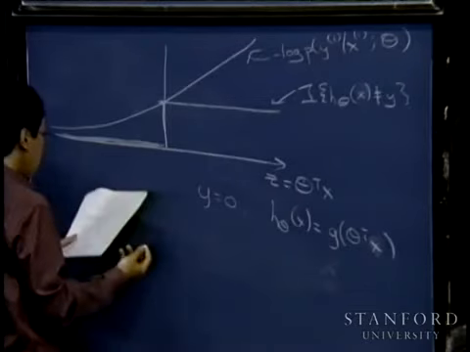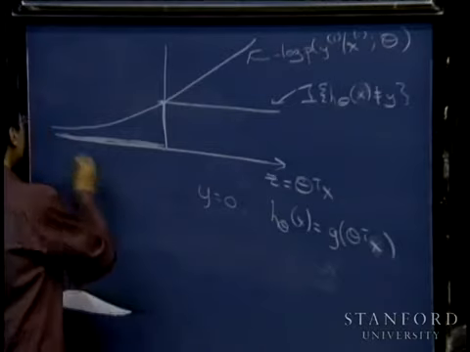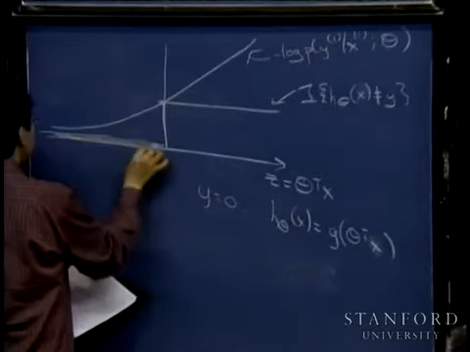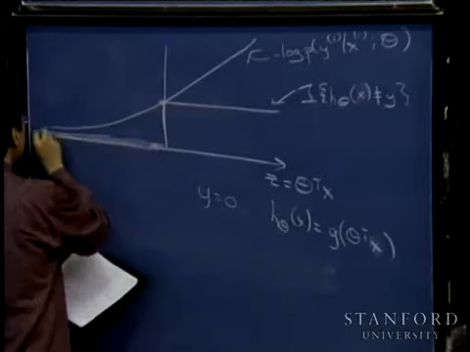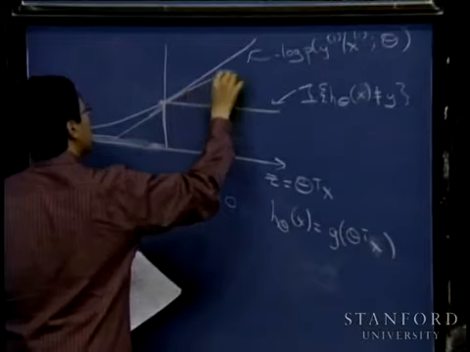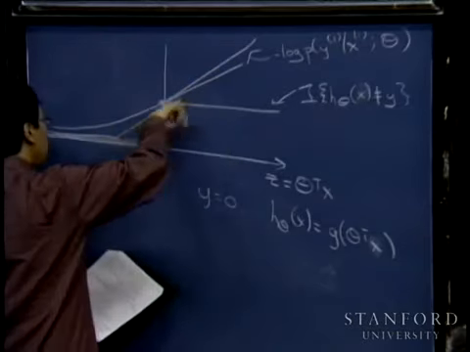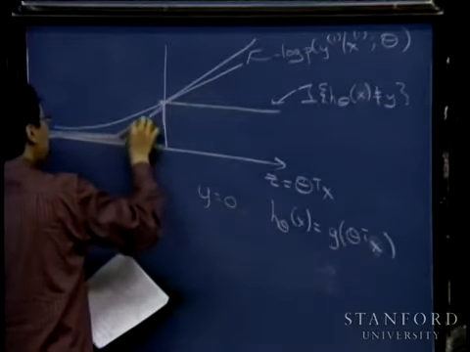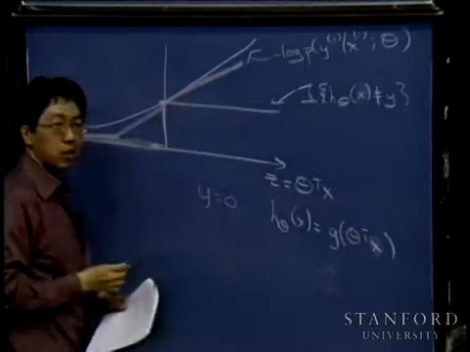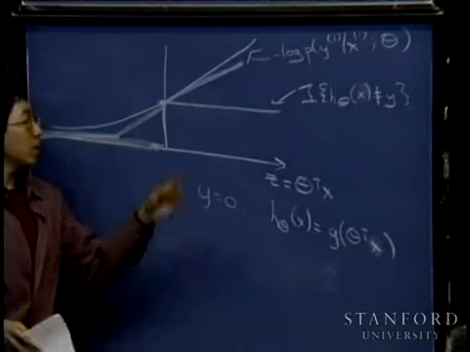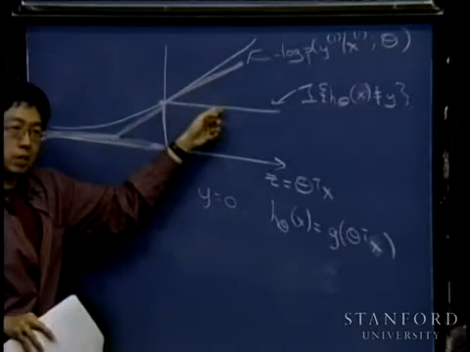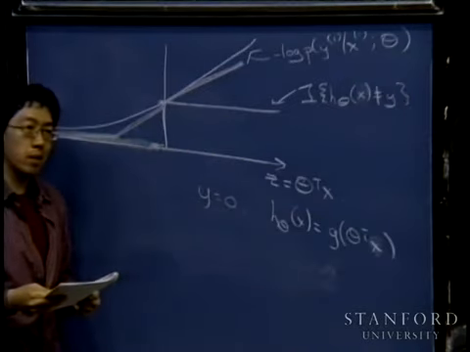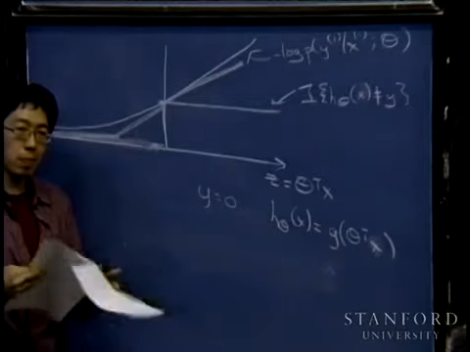And support vector machine can also be viewed as approximating this step function, but with a different approximation that's piecewise linear: it's flat there and then goes up as a linear function there. That's sometimes called the hinge loss. So you can think of logistic regression and the support vector machine as different approximations to trying to minimize this step function. Okay?